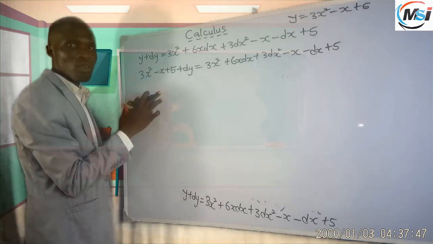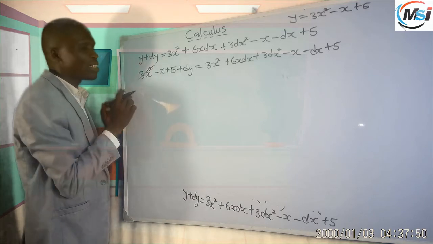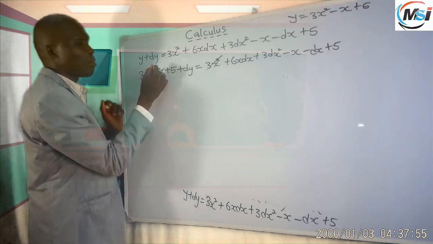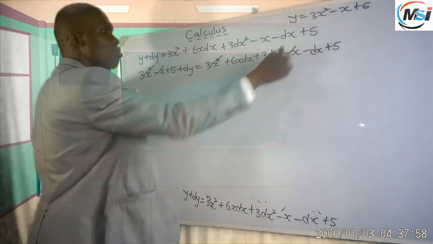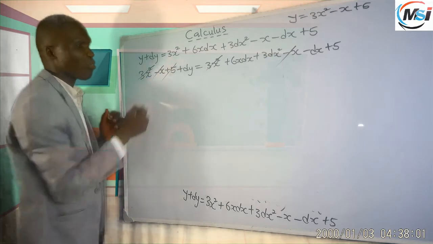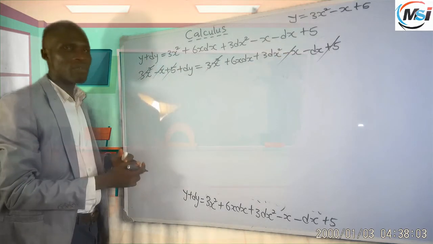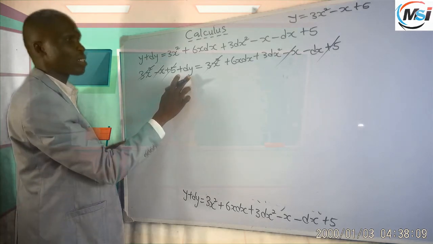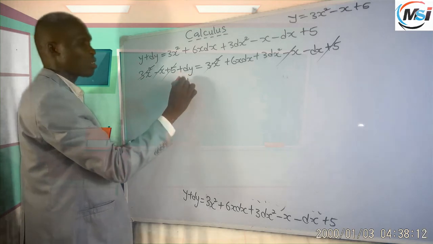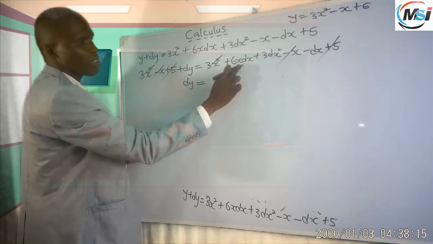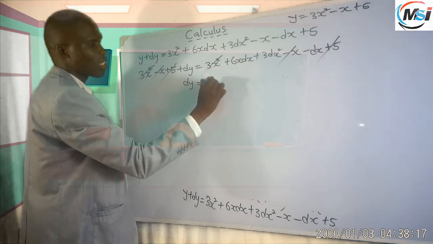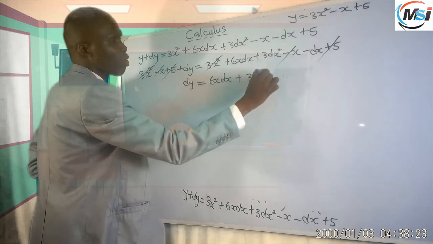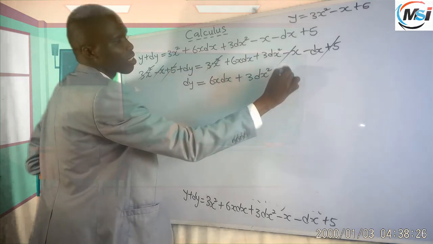Now, something will happen here. This is the x squared. This is the x squared. Minus x, we cancel minus x. Plus 5, we cancel plus 5. And what remains? We have the dy. The dy will remain 6x dx plus 3 dx squared minus dx.